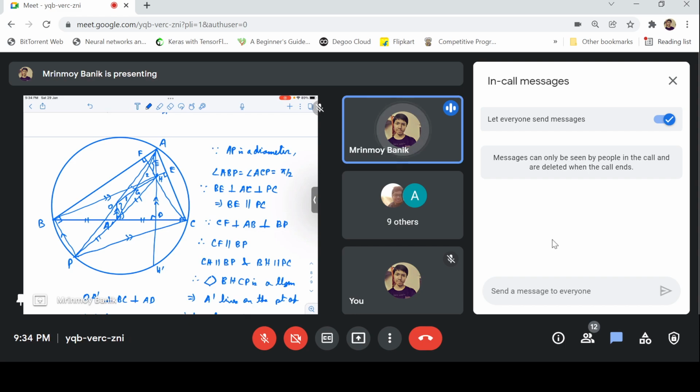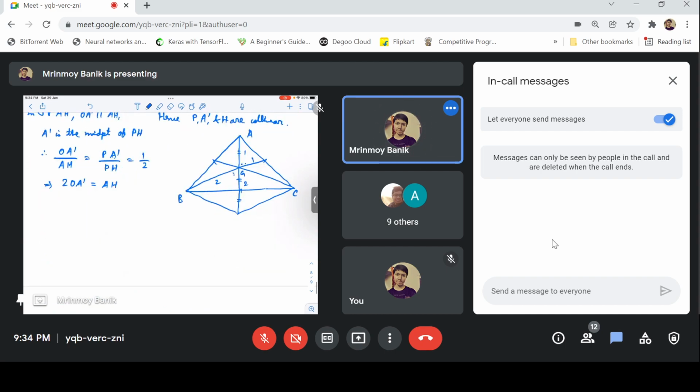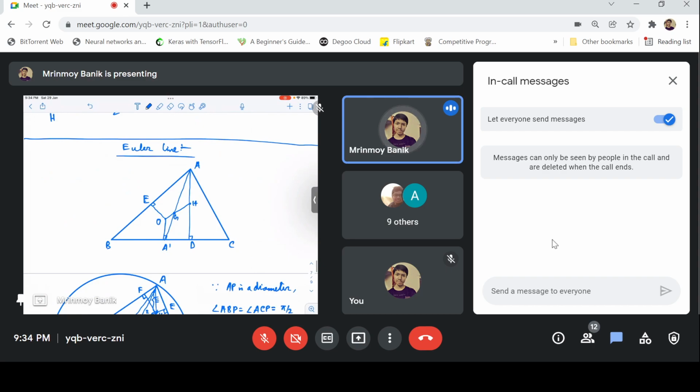Already these two triangles are similar since they are bounded by the same set of parallel lines, OA bar and AH. They share an angle, so these two angles are the same, and these two angles are the same, so they are similar.